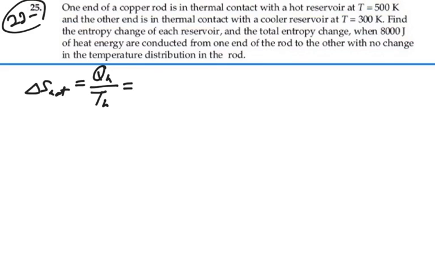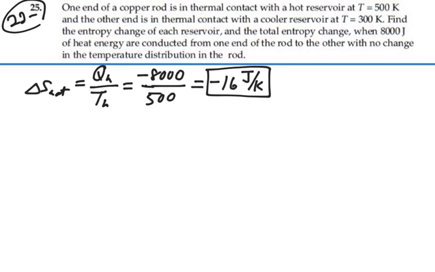In other words, we're going to be losing 8,000 joules of heat from the hot end, and this is going to occur at 500 K. So this is going to be 80 divided by 5, or negative 16 joules per Kelvin for that entropy change.